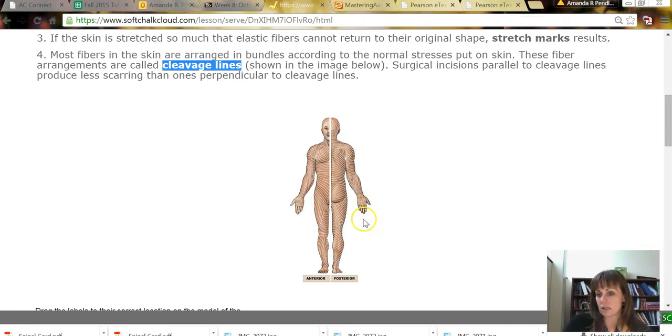Whenever they're doing surgeries, they try to make an incision parallel to these cleavage lines because you get less scarring and better healing, since that skin is more likely to come back together. If you cut it along this way, then those fibers tend to pull the edges of the skin apart, and you're going to get more scarring and possibly worse healing.